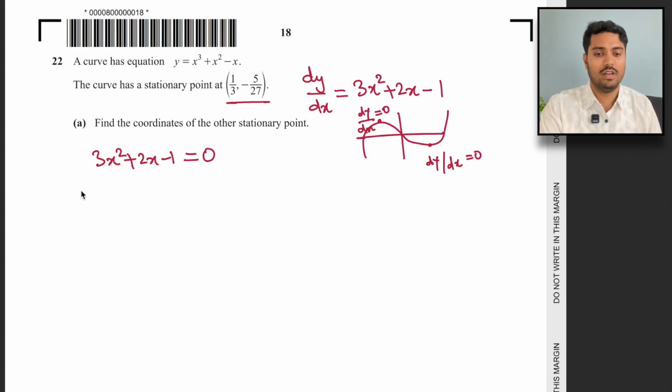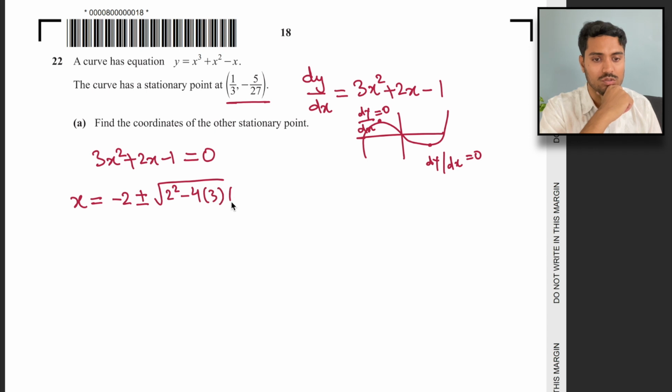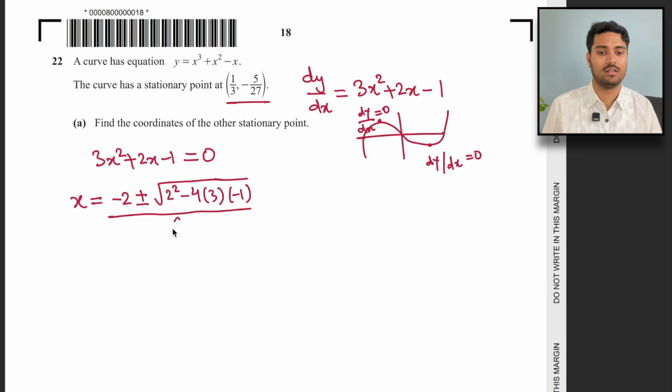So let's check. We can use the quadratic formula. So x equals minus b, that is minus 2, plus minus under root of b square minus 4ac, so b square minus 4 into c, divided by 2a.